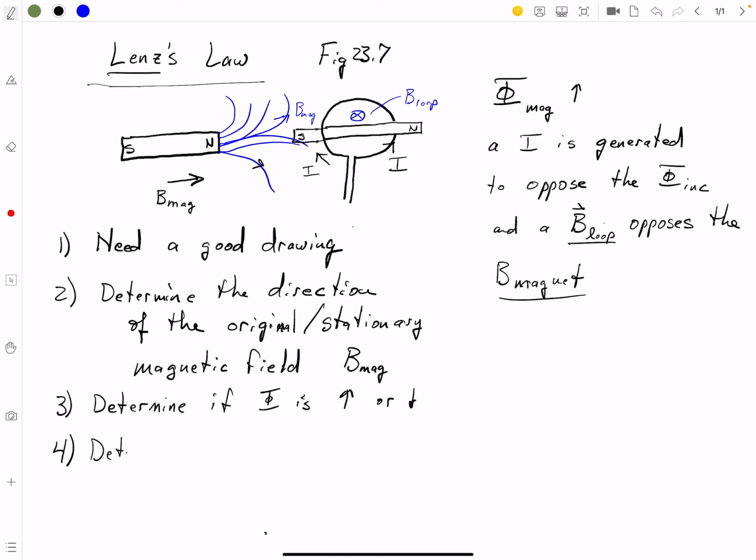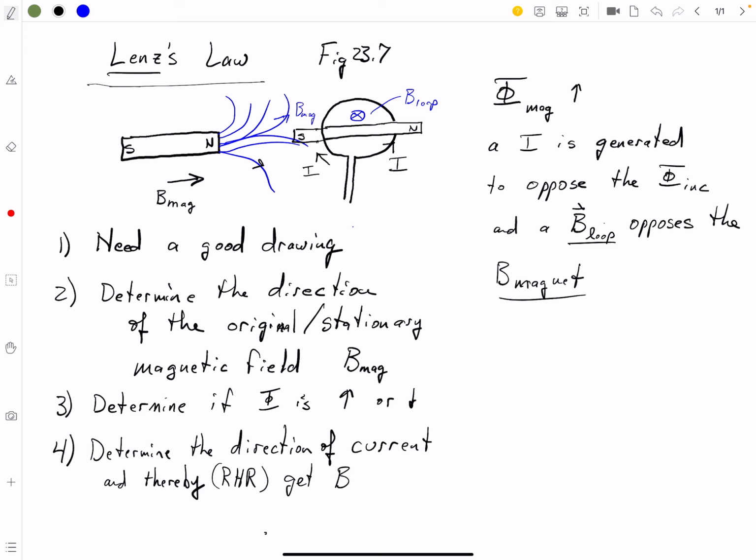Fourth, determine the direction of current, and thereby, you guys love the word thereby, using the right-hand rule, you are determining, and thereby using the right-hand rule, get the B of the loop.